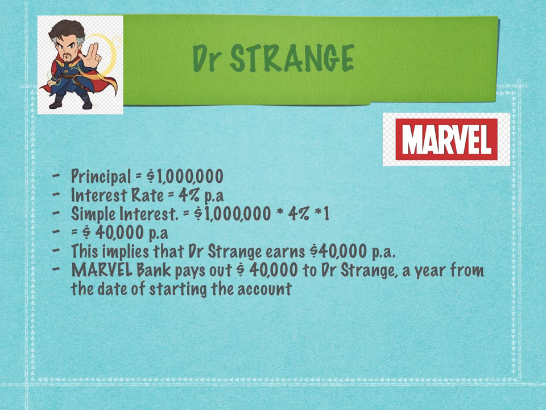That gives us simple interest of $40,000 per annum. This implies that Dr. Strange earns $40,000 and will receive $40,000 within a year from the date of starting the account.